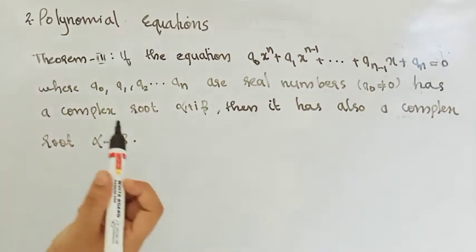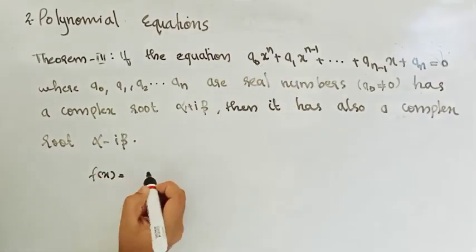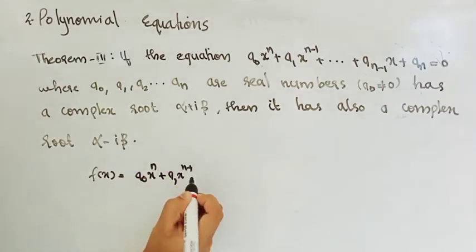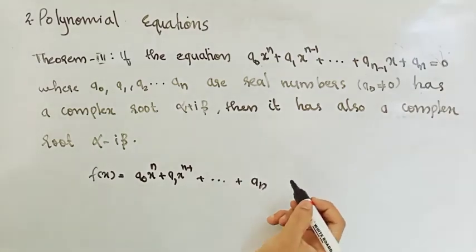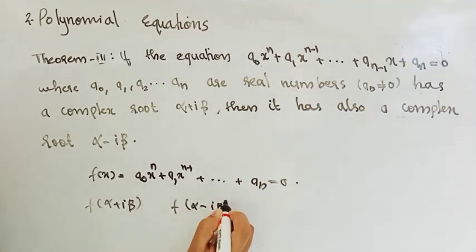That is, if f of x equal to a naught x raised to n plus a1 x raised to n minus 1 plus etc. plus an equal to 0, where a naught, a1, a2 are real numbers, has a complex root alpha plus i beta, that is f of alpha plus i beta equal to 0, then the theorem says it also has another root, that is f of alpha minus i beta equal to 0.